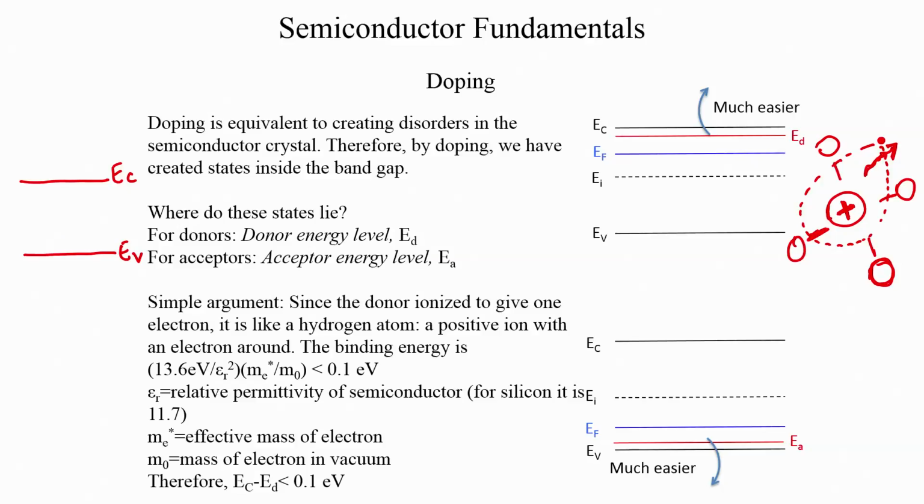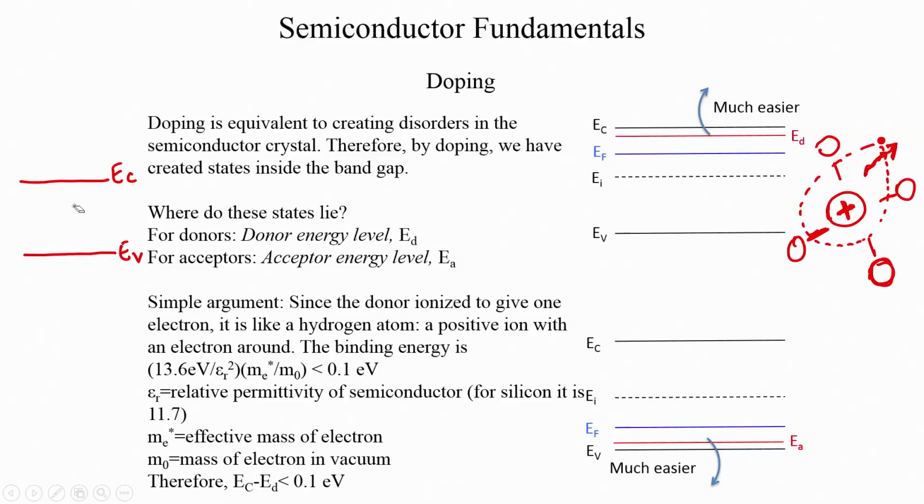But the moment you start creating defects and adding impurities, you will start seeing states appear inside the band gap. And as we move towards more and more disordered materials, say you ultimately take it towards amorphous silicon or a glass, you will find that there is a density of states inside the gap itself. So the gap is no longer clean, but we will not go to such extremes at this point.